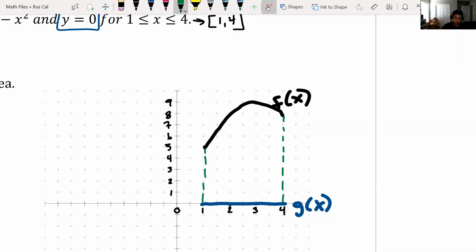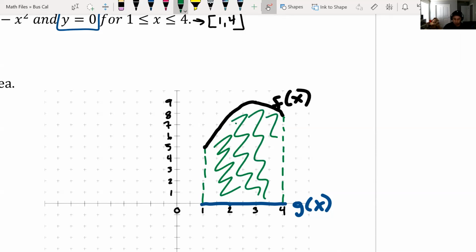Okay, so what we are looking for is the area that is between these two curves. So we're looking for all of this area in here. So that's what we're doing.